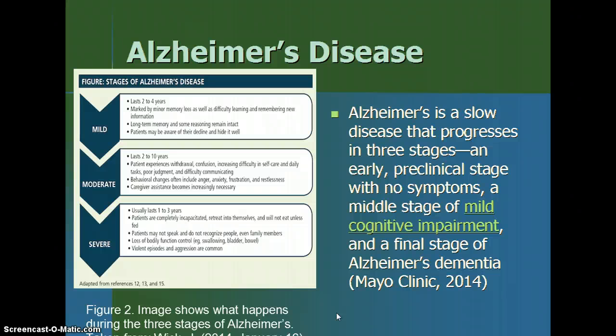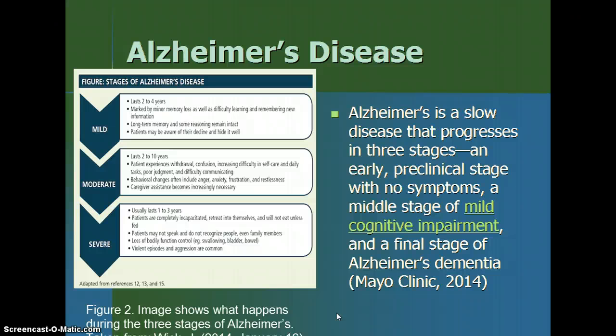In mild, it could last 2 to 4 years, marked by minor memory loss as well as difficulty learning and remembering new information. Long-term memory and some reasoning still remain intact at this time. Patients may be aware of their decline and they may try and hide it from family, doctors, and such.